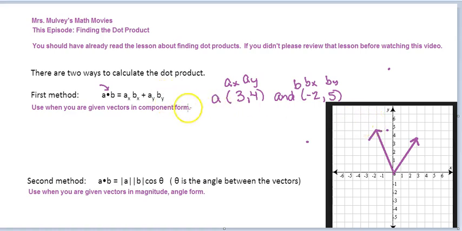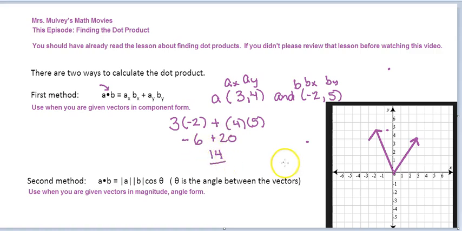And so the formula tells us that we multiply the x values, A sub x times B sub x, in this case that's 3 times -2, and we add to that the product of the y values from each vector. A sub y is 4, B sub y is 5. So I follow my order of operations, I multiply, then I add.